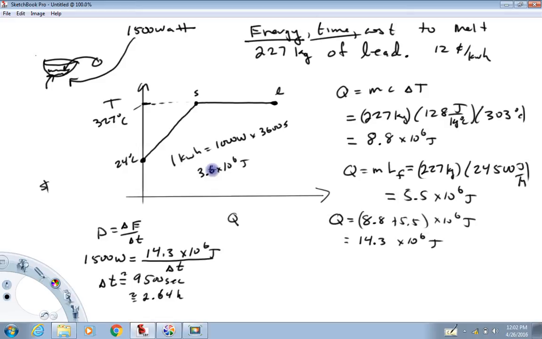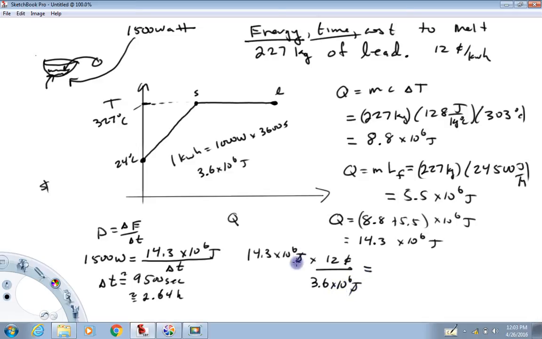Right? So the cost of the energy associated to do this, one way to figure it out is this. I'm sorry, I'm going to back up a second. I'm going to take our total energy use, 14.3 times 10 to the 6 joules, and I'm just going to multiply by our cost, which is 12 cents per 3.6 times 10 to the 6 joules equals.